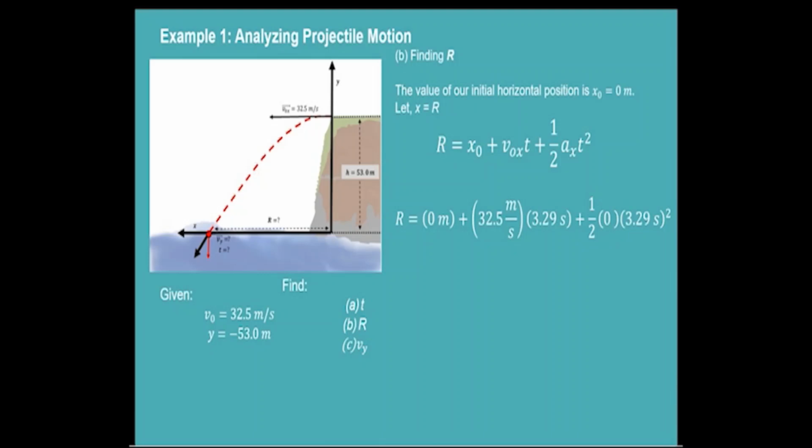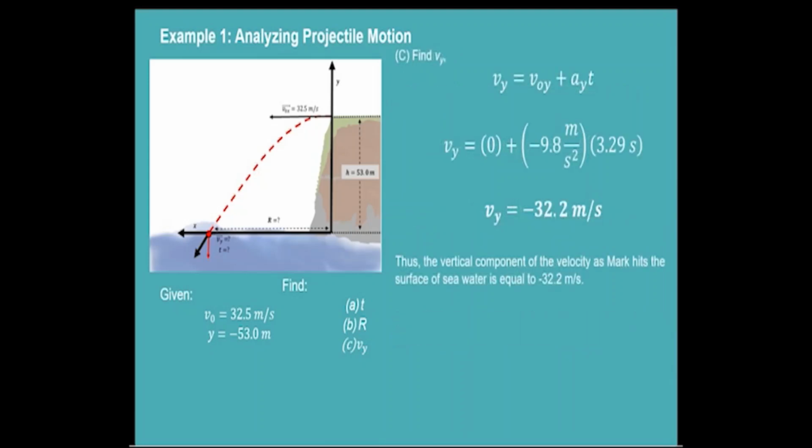So this can now be cancelled out. Therefore, R is equal to 107 meters. That is the product of 32.5 and 3.29 seconds. Thus, Mark covered 107 meters, the horizontal distance from the diving point to where he strikes the sea water.